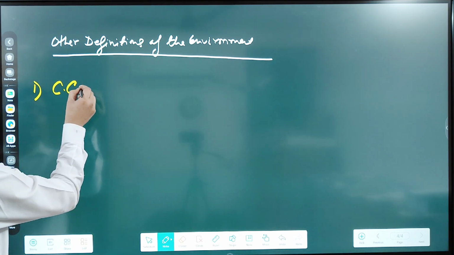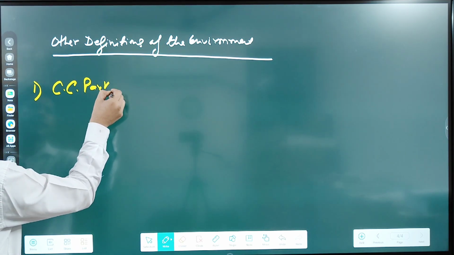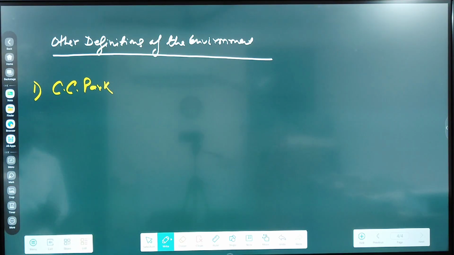First is C.C. Park. C.C. Park is a famous scholar of environment or ecology.